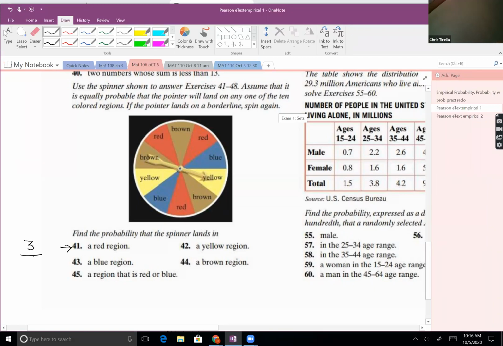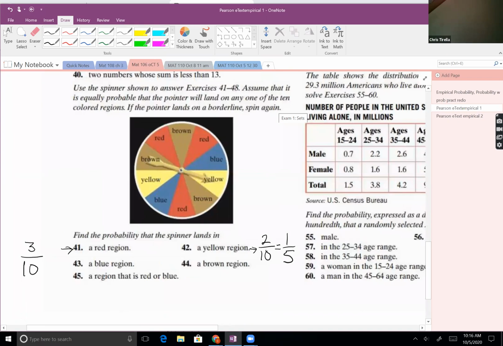Out of how many regions are there altogether? 10. So the probability is 3 out of 10. What's the probability that I land in a yellow region? That would be 2 out of 10. 2 out of 10. 1/5. Beautiful. Okay, so those spinner type problems are all right.